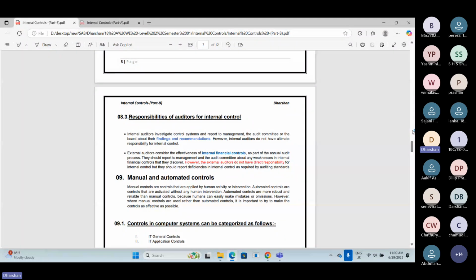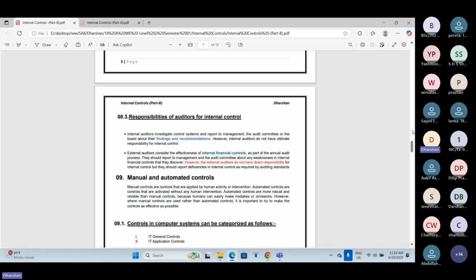Don't bother about those things now. After discussing that, you can easily understand this topic. I don't need to give more examples. Once we discuss the fundamentals of audit, you will automatically understand why auditors should consider only financial controls.